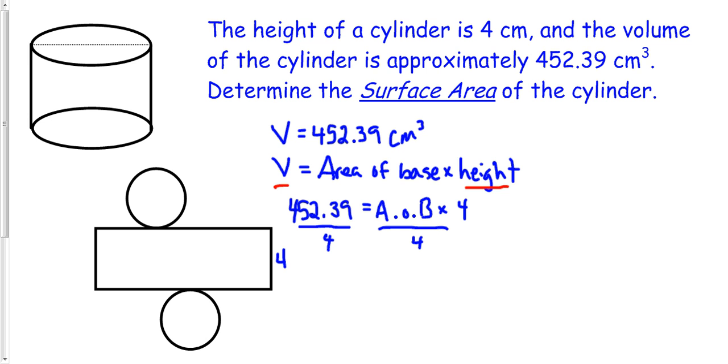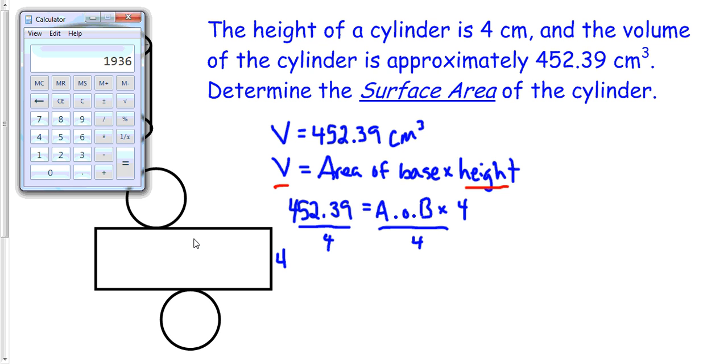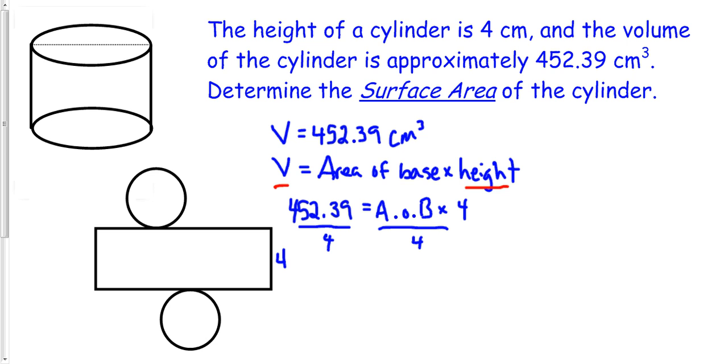I've got a calculator here. 452.39 divided by 4, and I get 113.0975. So 113.1, we'll say. That's the area of the base.